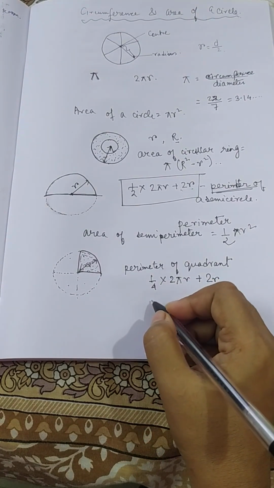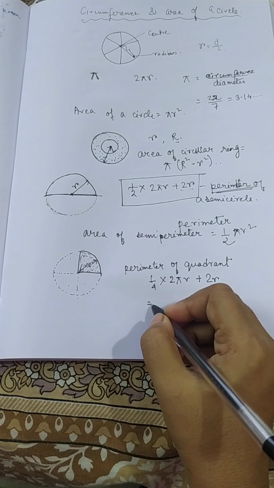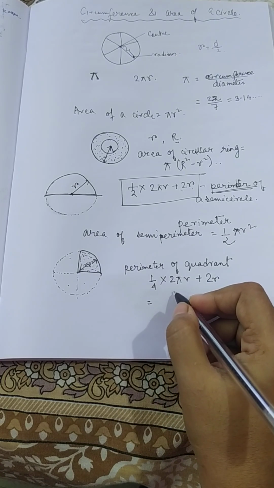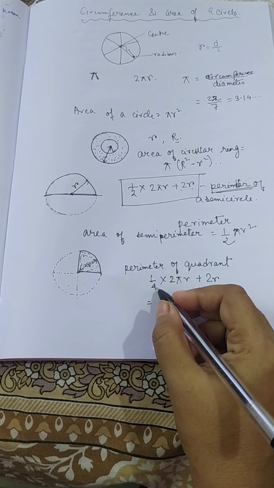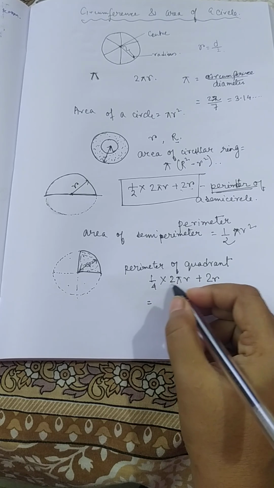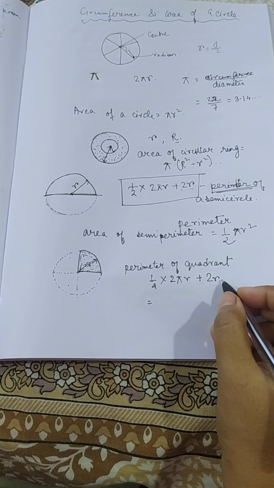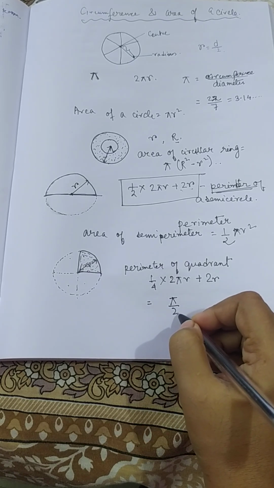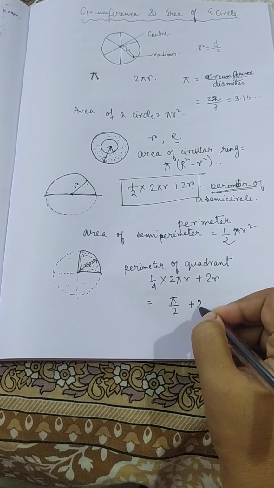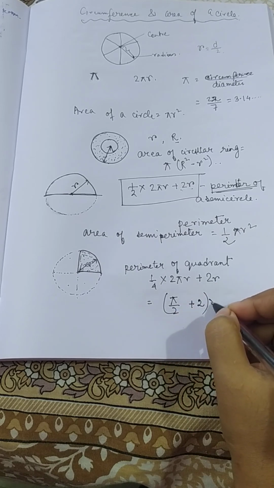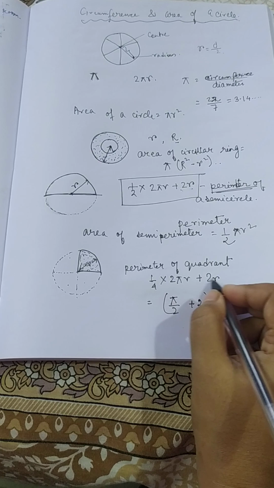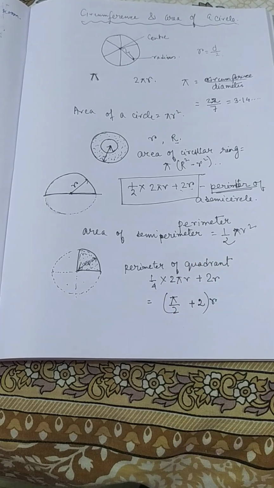And if you just take common, what will you get? 2 and 2 will be simplified, so it will be 1/2 pi r plus 2r. So it will be pi by 2 plus 2, times r, because you are taking r common, as r is in both terms.